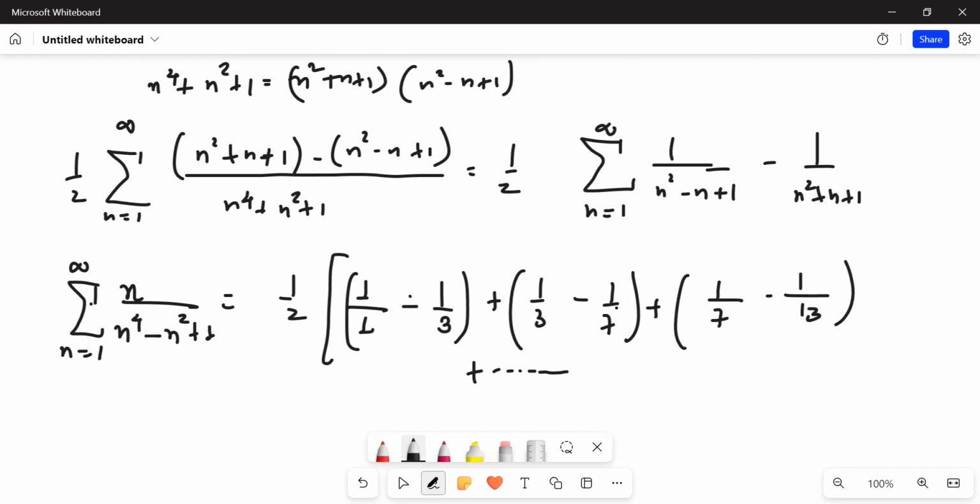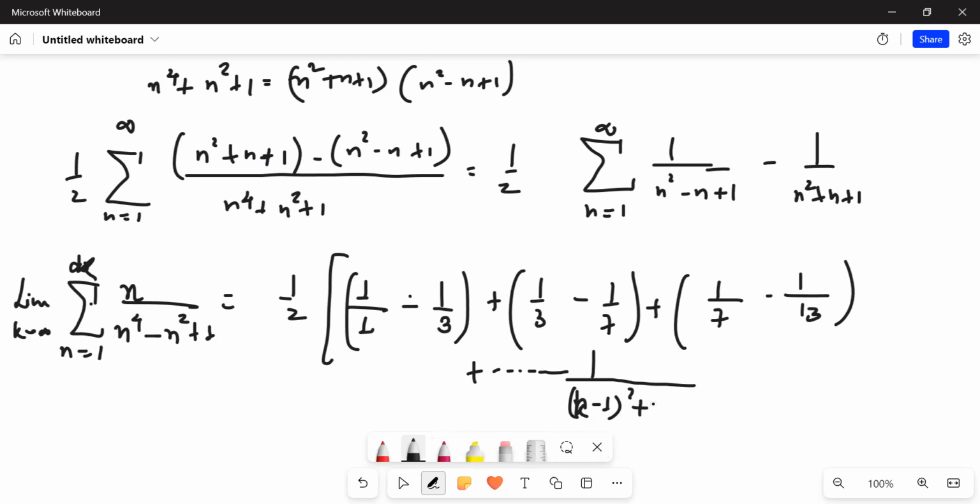And let me just write a term before and then one more term. So if I write one more term here, this would be n minus 1 whole square. I'm just trying to expand it till k, and then I'll take the limit as k tends to infinity. That would be a better thing to do.